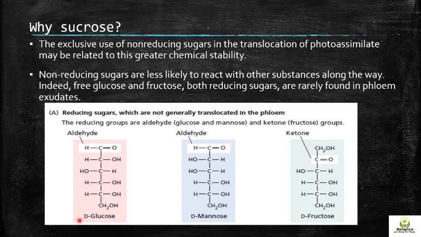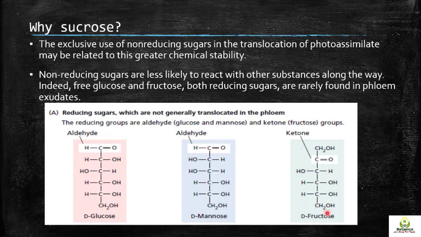As you can see, in D-glucose, the D refers to the stereochemistry of the glucose molecule, which we have studied in biochemistry. D-glucose contains a free aldehyde group, along with D-mannose, which also contains an aldehyde group, which has the power to reduce mild oxidizing agents.